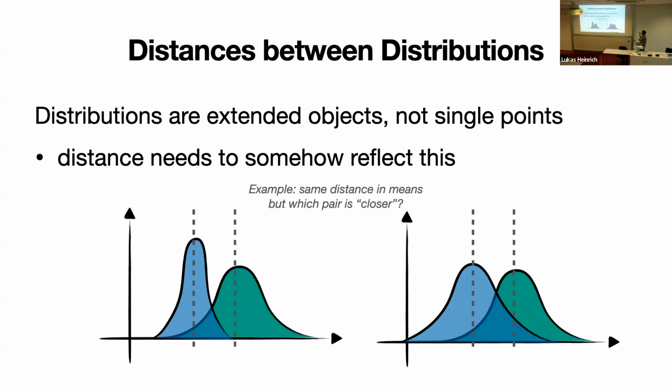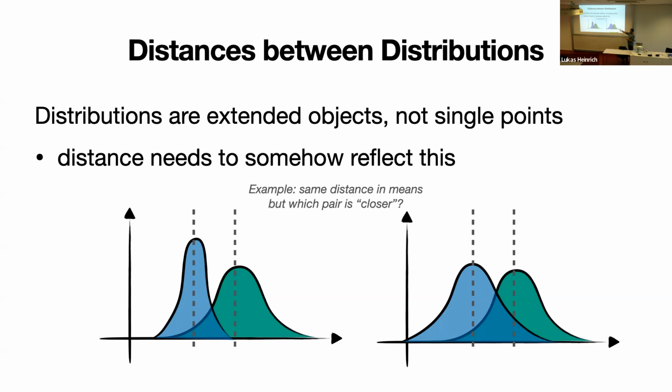Because distributions are extended objects and not single points, a distance needs to be something more involved. You could imagine comparing distributions by comparing their expectation values, right? That's a workable ansatz at least.